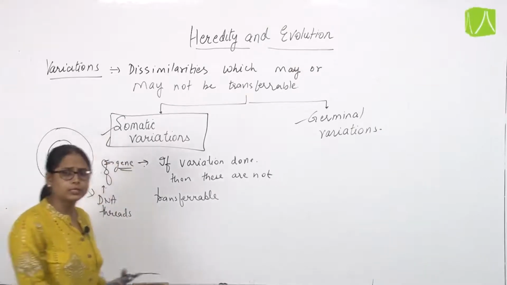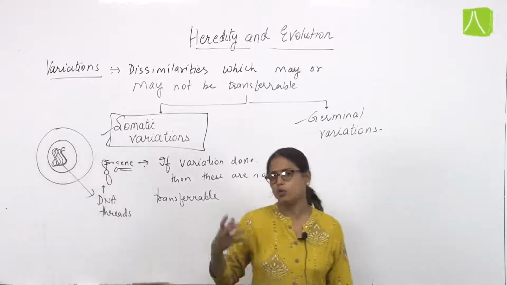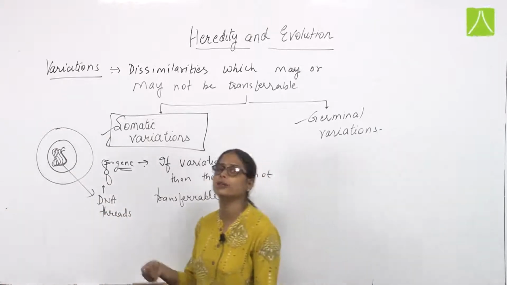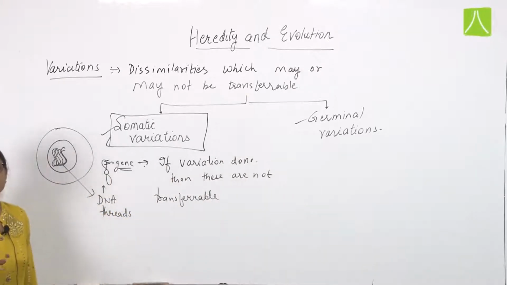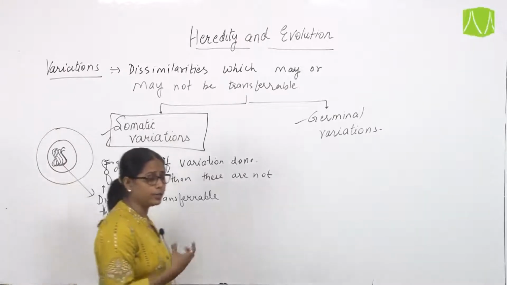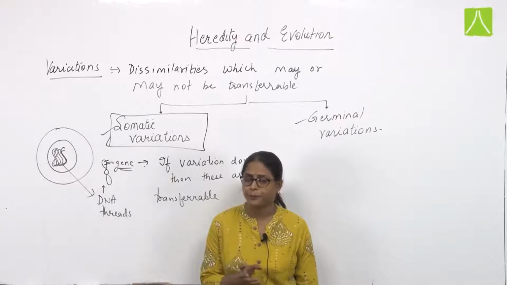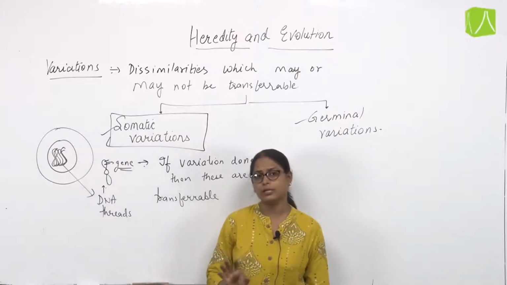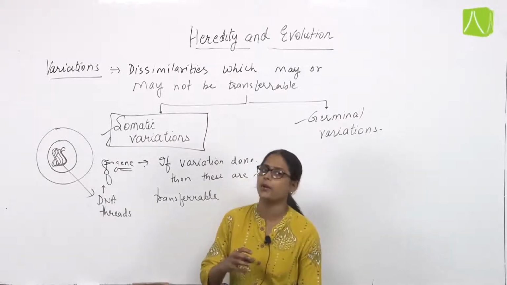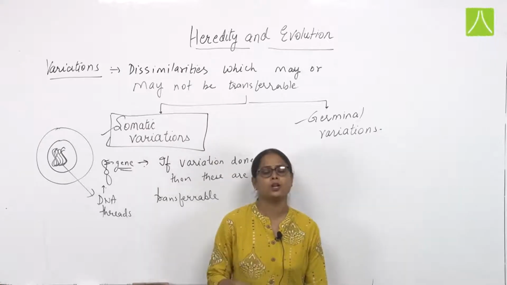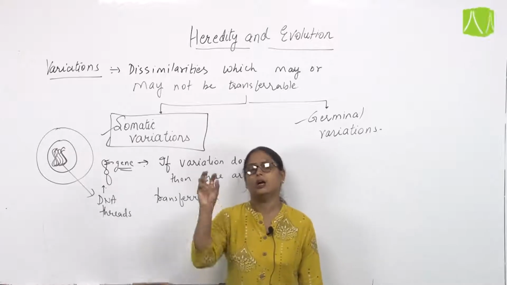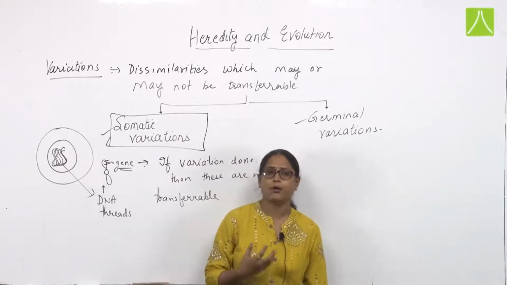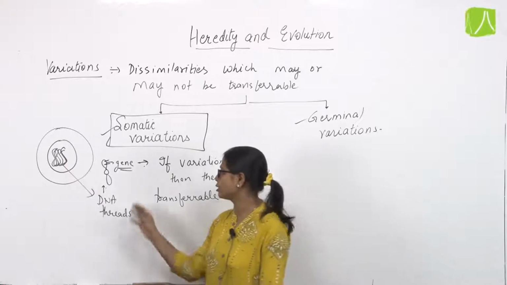Fine. That means inside the cell we have the nucleus. The nucleus is the controlling center of our cell. The nucleus is the headquarters of the cell which controls the activity of the cytoplasm. But this nucleus also contains our genetic material, that is DNA. This DNA, along with protein, is known as chromatin thread. These chromatin threads, when condensed or appearing in a particular shape, are known as a chromosome.